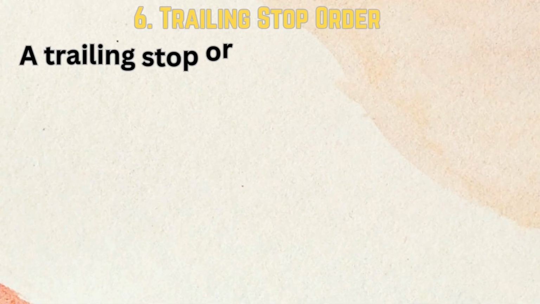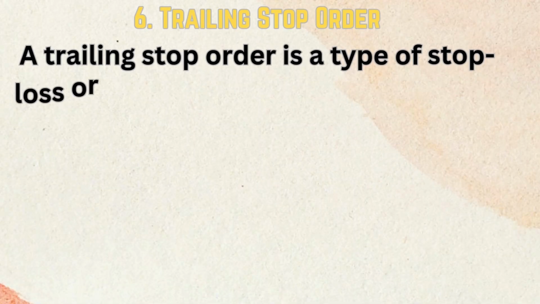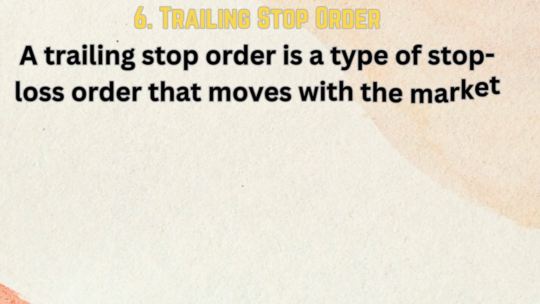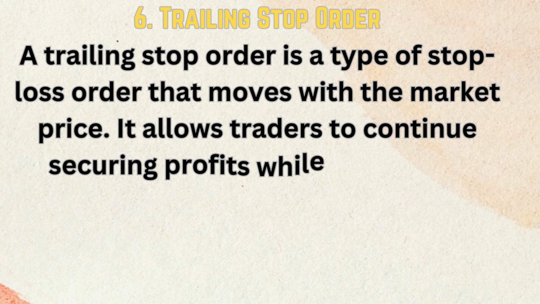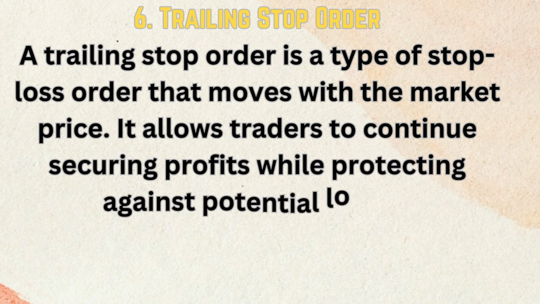The next one that we have here is the trailing stop order or stop loss. A trailing stop order is a type of stop loss order that moves with the market price. It allows traders to continue securing profits while protecting against potential losses.